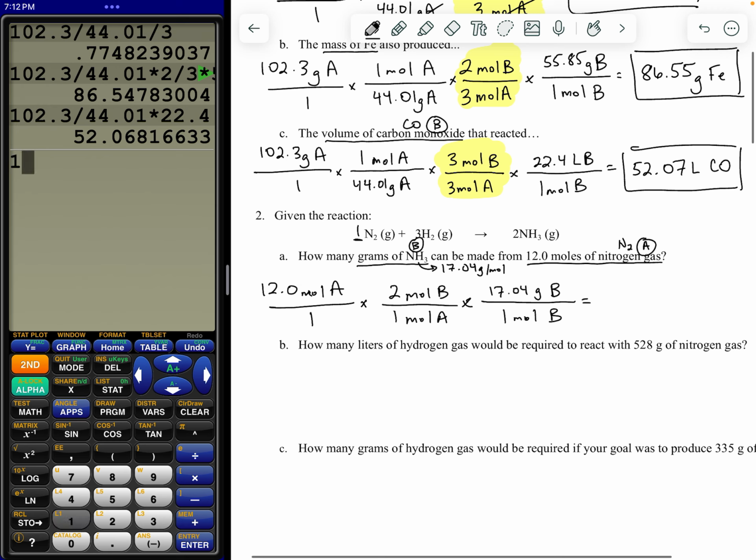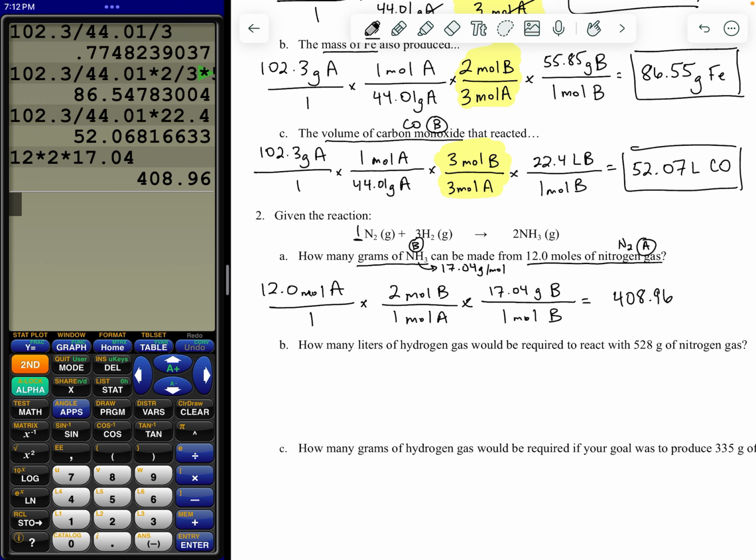So I'm going to take 12 moles. I'm going to multiply by 2. I'm going to multiply by 17.04, which is that molar mass, and I end up with about 408.96 grams of NH3 there. All right.